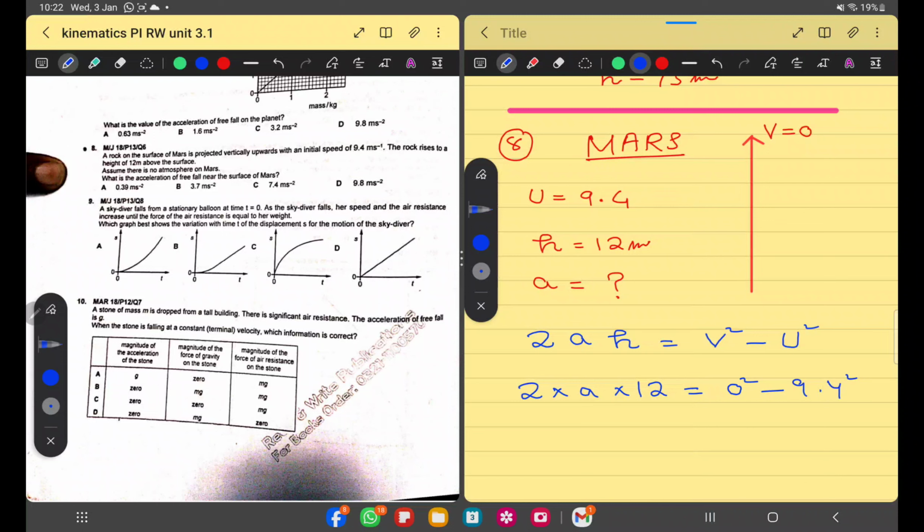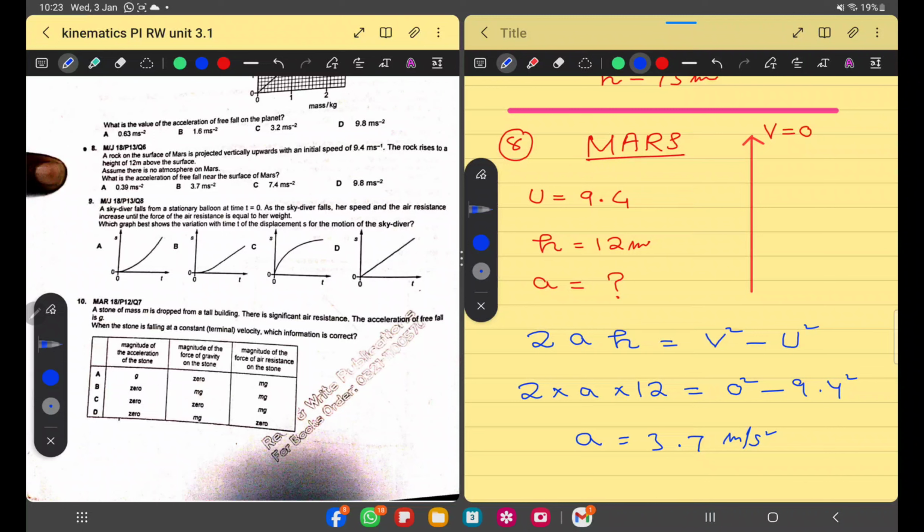I am using the calculator to give you the answer, and you should note down the calculation. The calculation is 9.4 square divided by 12 times 2, which is 24. So the answer is 3.68, and you can round this value to 3.7 meter per second square. It is the acceleration due to gravity on the surface of Mars.